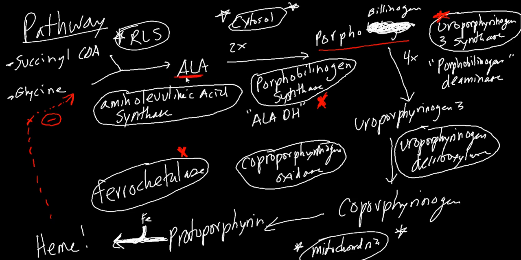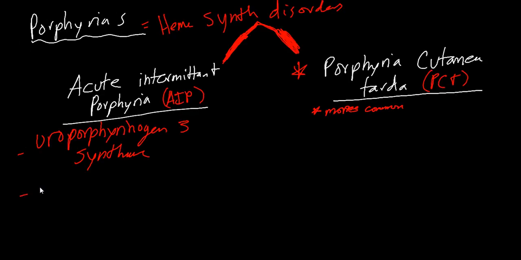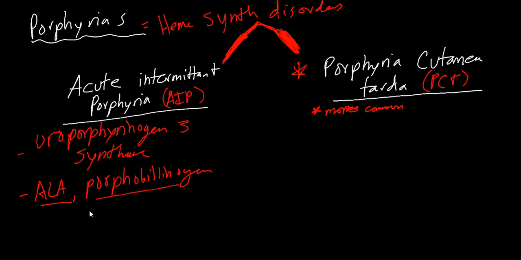Also, you'll have a little bit of a buildup of ALA, because you're going to have so much porphobilinogen that you're going to have an ALA buildup as well. Okay, what happens? You have all this ALA and all this porphobilinogen in your bloodstream.